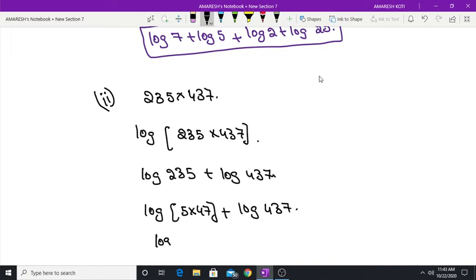So it can be written as log 5 plus log 47 plus log 437.